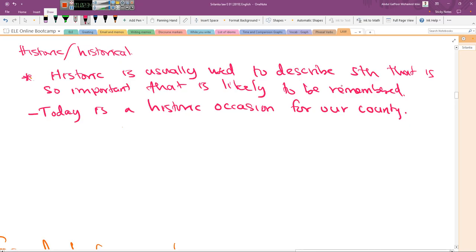Now, the word historical usually describes something that is connected with the past, but the word historic is connected to something present, happening in the present, right?